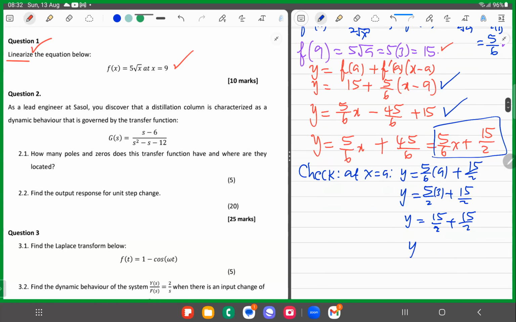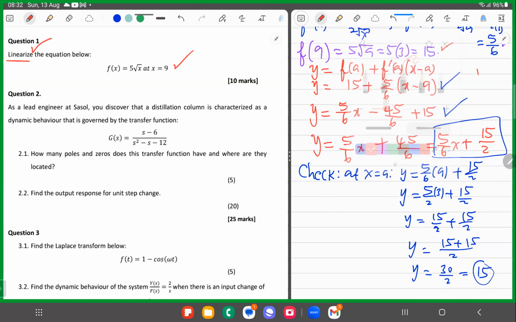And therefore, the LCD is 2, and you just add the tops: 15 plus 15 is 30 out of 2, and 30 out of 2 is 15.